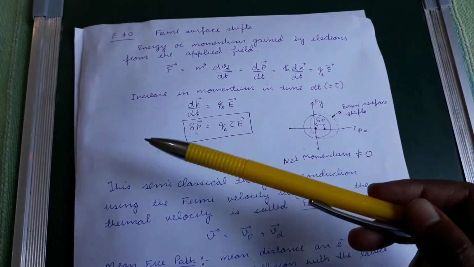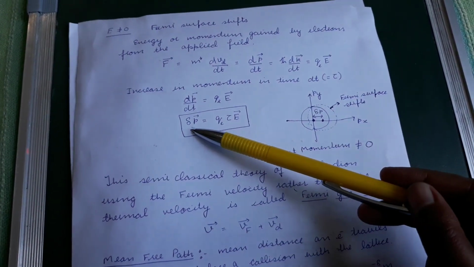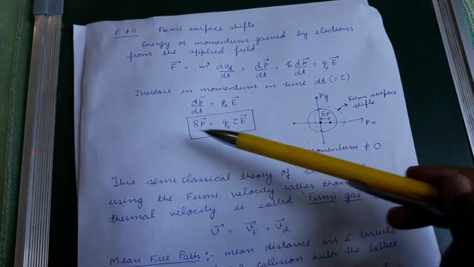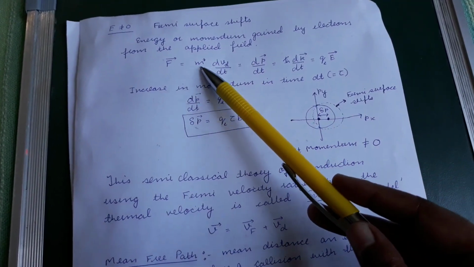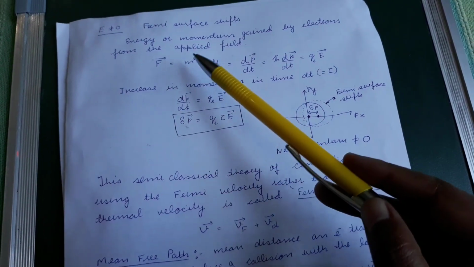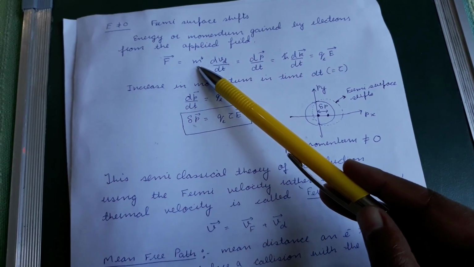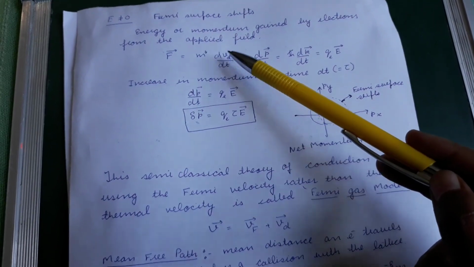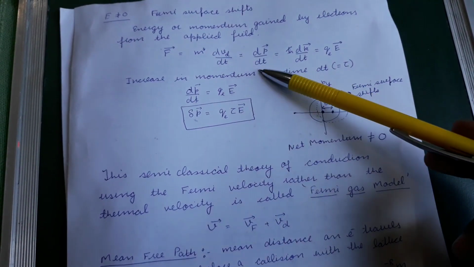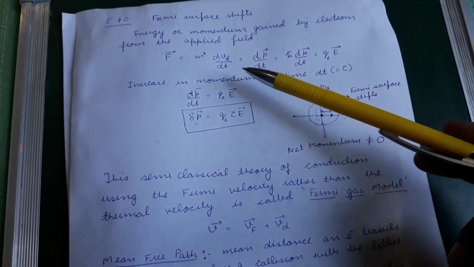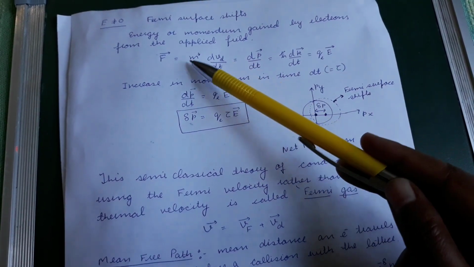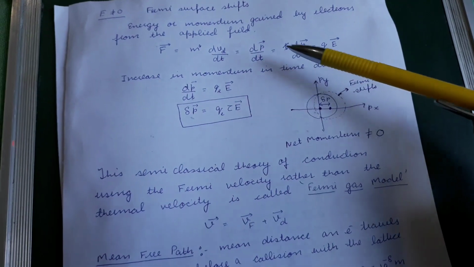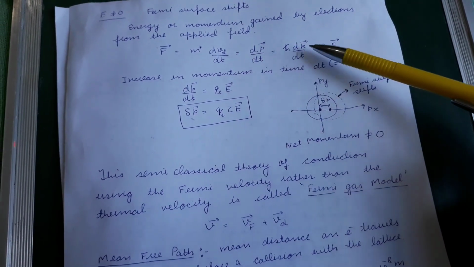So the amount of shift in the momentum space, the momentum sphere, will be given by this. This we have found out simply by using force as ma. So m will be the effective mass into d upon dt of the drift velocity, and it can also be written as dp upon dt, because m is a constant quantity, it will not change anything, and p is h bar k.